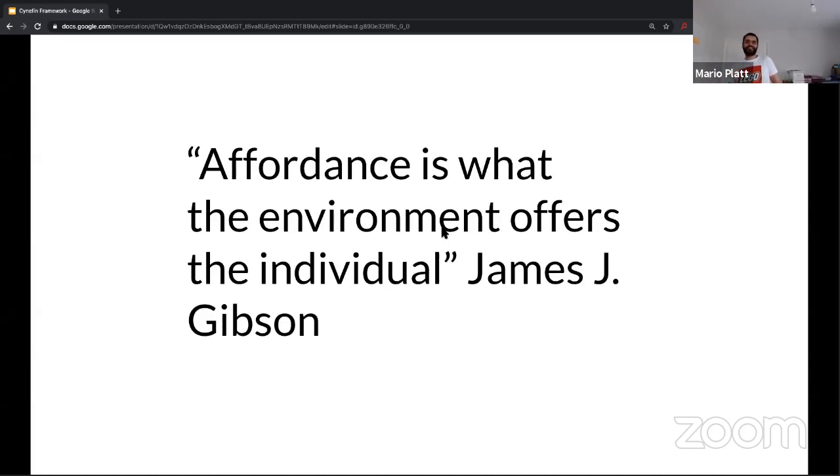So another key concept with regards to complexity theory in Cynefin is that of affordance, right? So beware of the professionals, whether security or not, that go into an organization knowing all of the answers, and what the strategy needs to look like before fully appreciating the affordances that are provided by the environment they're in, right?